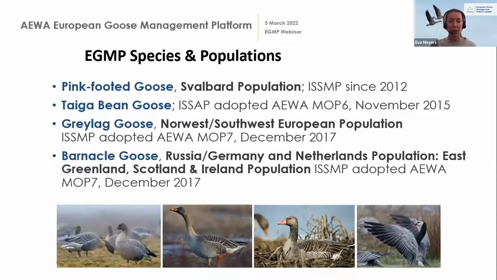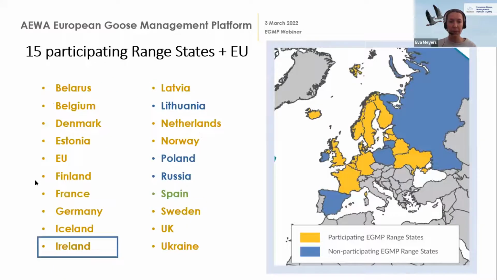Alongside the barnacle goose, here we have two populations: the Russia, Germany, and Netherlands population, as well as the East Greenland, Scotland, and Ireland population, also adopted in December 2017. From these different populations and species, we have many range states participating in the European Goose Management Platform.